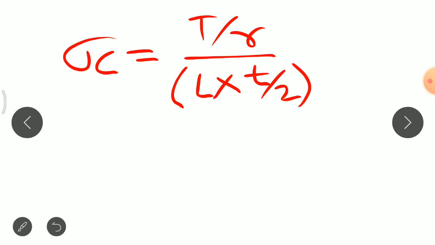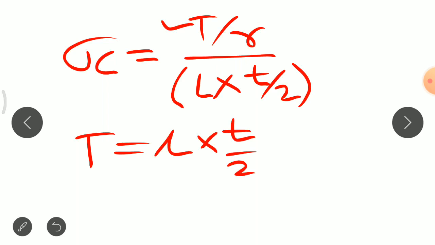Now solve this equation, and the final equation in terms of T is equal to L into t by 2 into R into sigma C.